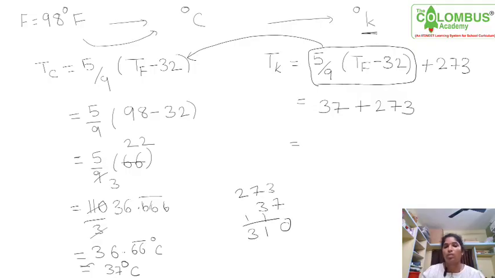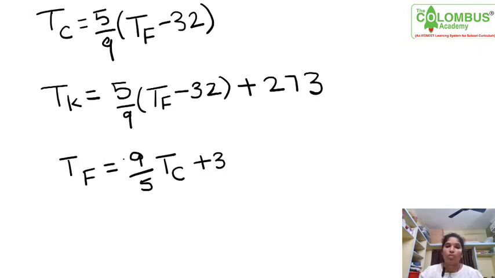That equals 310 degrees Kelvin, right? So according to this, the human body temperature is 37 degrees Celsius, in Kelvin it is 310 Kelvin, and in Fahrenheit it is 98 degrees Fahrenheit. This is the way to convert one scale into another scale.